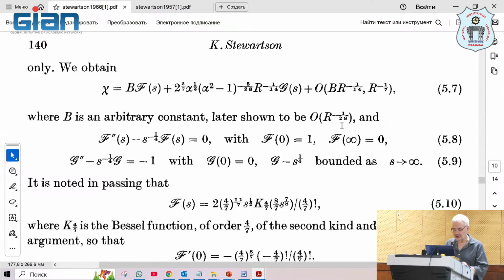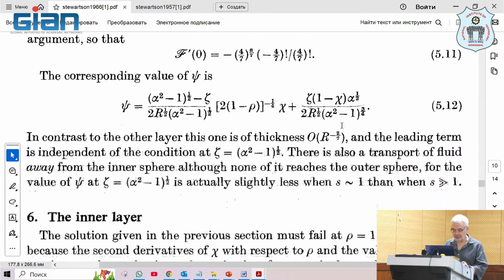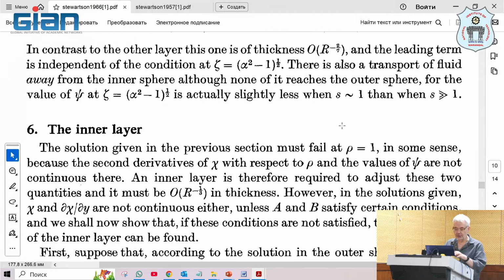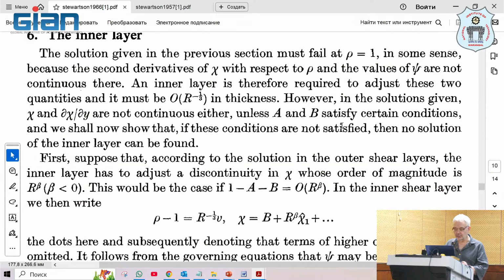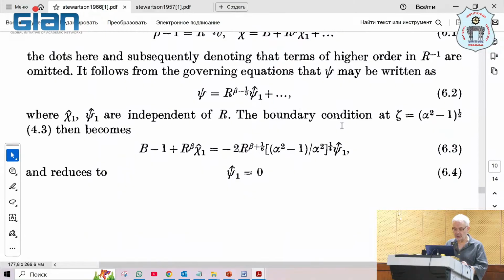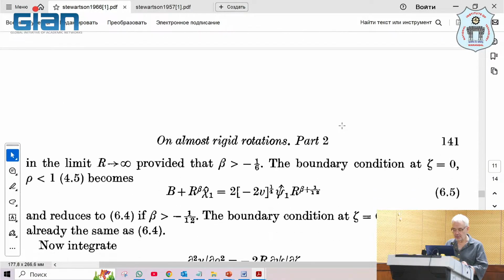So there is additional difficulty which I didn't load you with. But if you like, you can understand how it works. And there is also the inner layer. In our notation, we call it the innermost boundary layer. And here he made some expansion, again got the precise asymptotic solution.